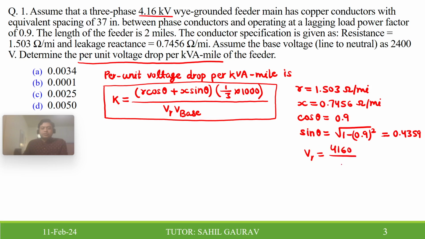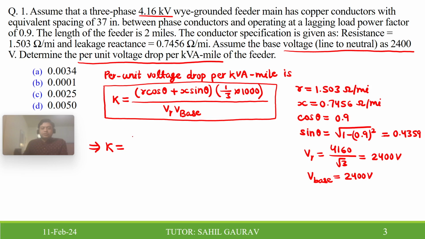So 4160 divided by root 3 will give you 2400 volt, and the base phase voltage is also given as 2400 volt.